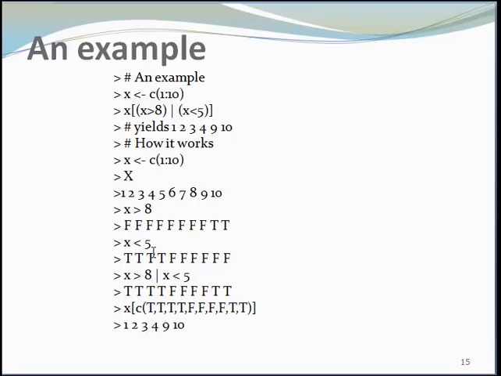Similarly for x less than 5 you will get the output as true and false. The elements less than 5 will give true and the others will give false. And when taking both cases simultaneously using an OR operator, you will get all the elements less than 5 as true and all the elements greater than 8 as true. You can try this on R.